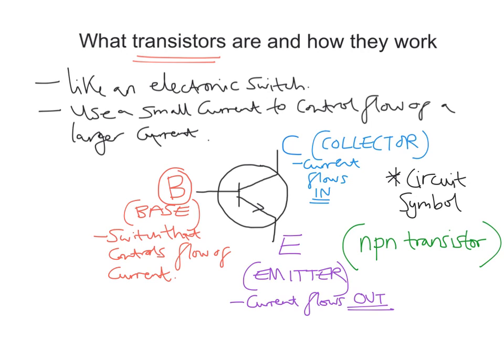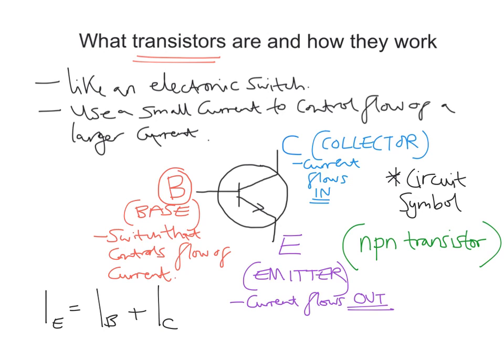And there is a formula, a physics formula, that links all three components I'm talking about, the B, the C and the E. But we can put values to these, and it's this particular formula: IE is equal to IB plus IC. And let's explain what these refer to. I in this refers to current.